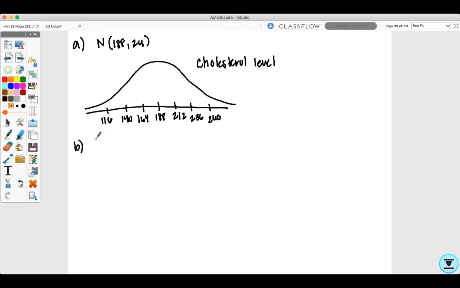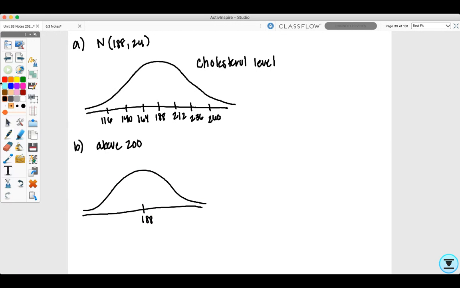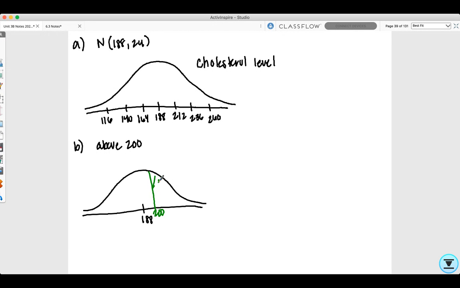Then B, they wanted how many are expected to be above 200. So again, draw your normal model. My mean of 188. Above 200. So I have 200 here. I would find my Z, which would be 200 minus 188 all over 24.